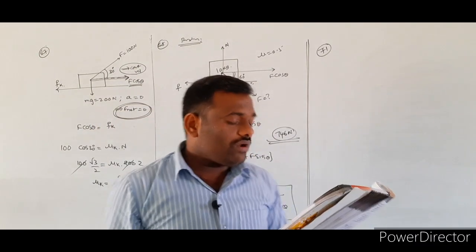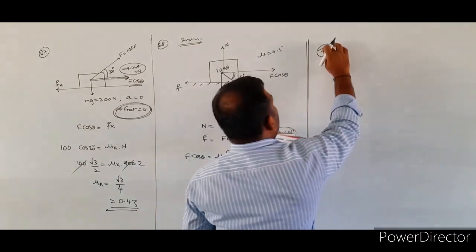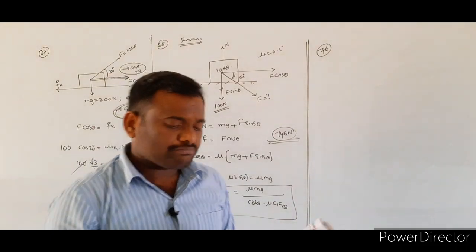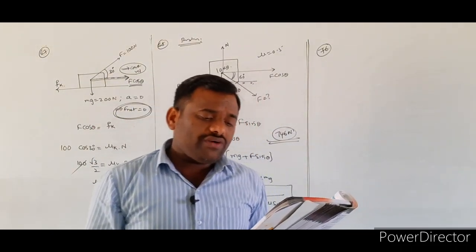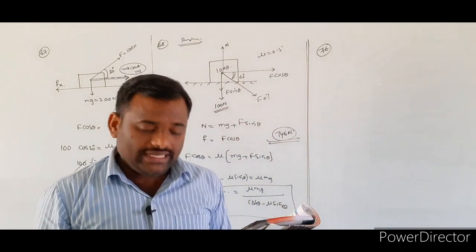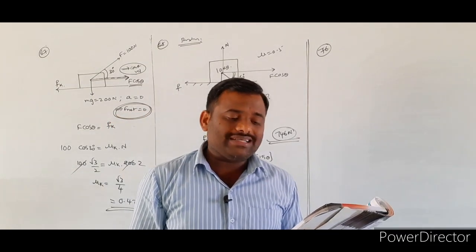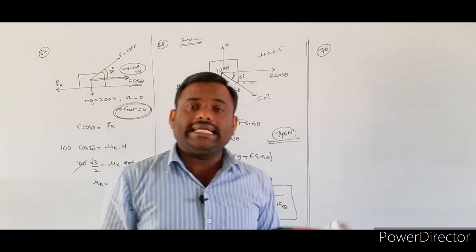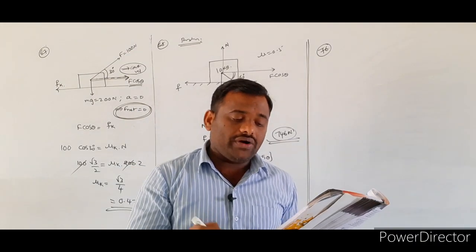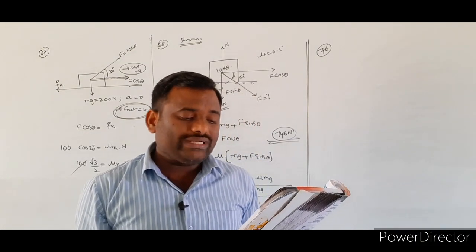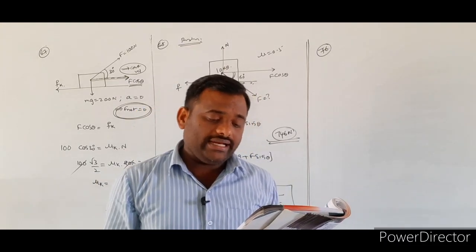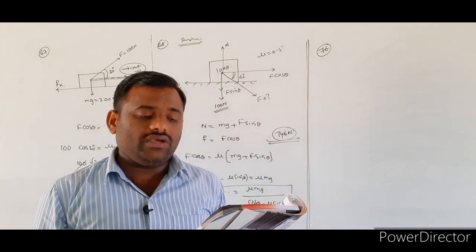Next one, problem number 76, an important one. See here, a uniform chain of mass capital M and length L is rotated in a horizontal circle about one of its ends with a constant angular velocity omega.